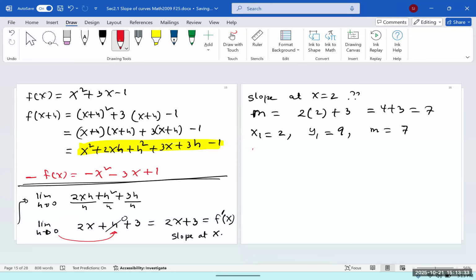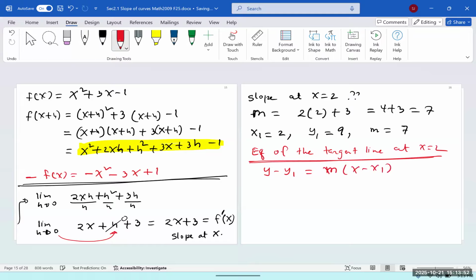So we go ahead and find the equation of the tangent line at x equals 2. Y minus y1, slope times x minus x1. So y minus what? 9. What is our slope at 2? 7.